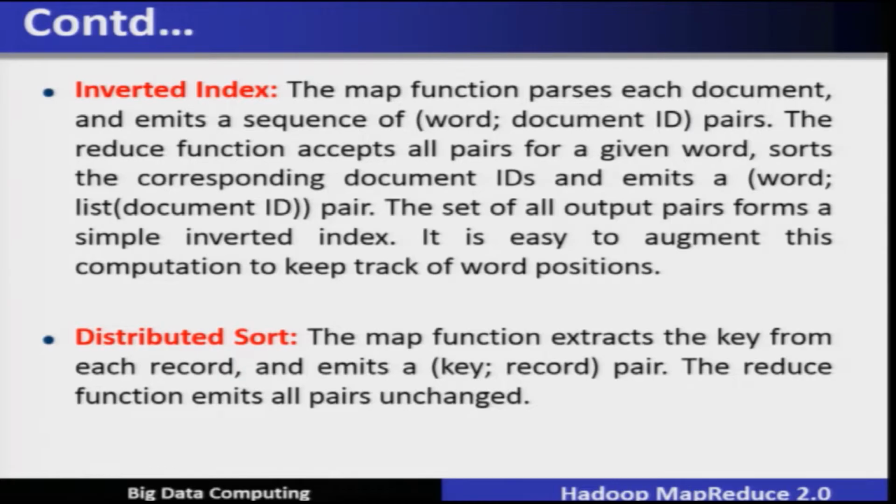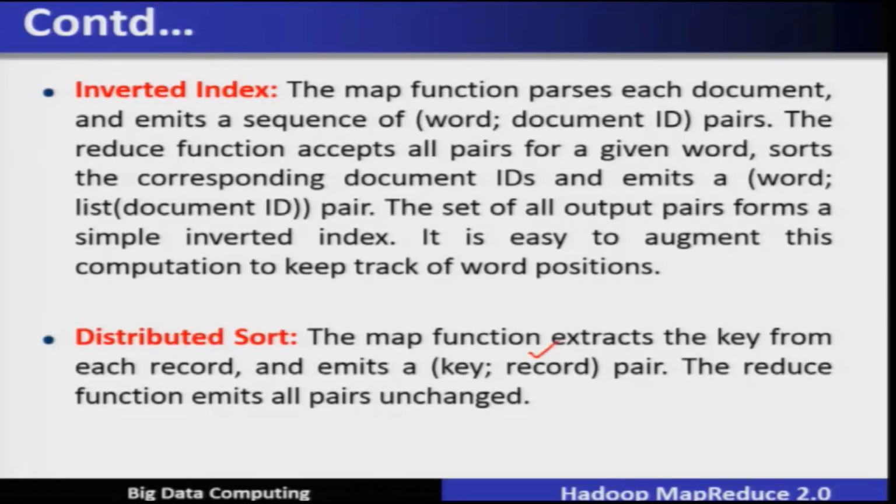Similarly, for the distributed sort, the map function extracts the key from each record and emits the key and record pair. The reduce function just emits all the pairs unchanged. That means, automatically, internally, the map function emits the key and record pairs in sorted order.